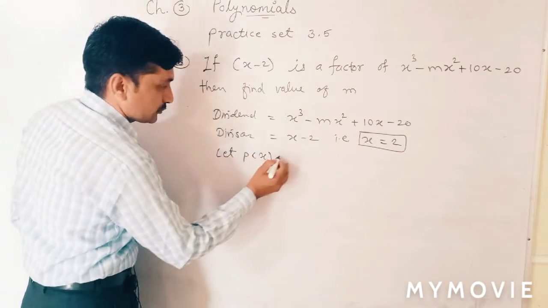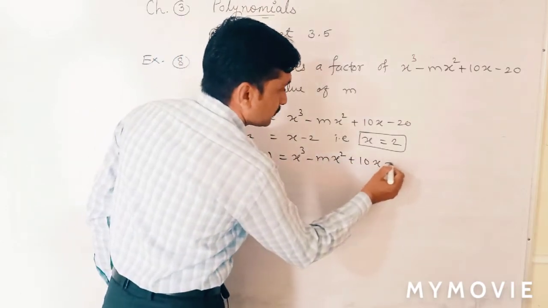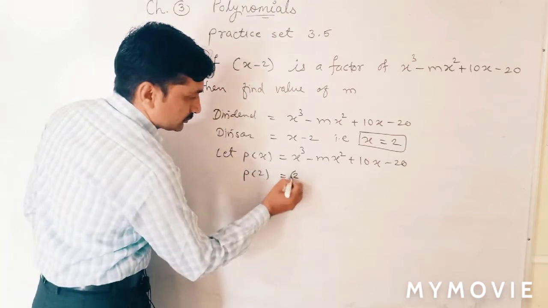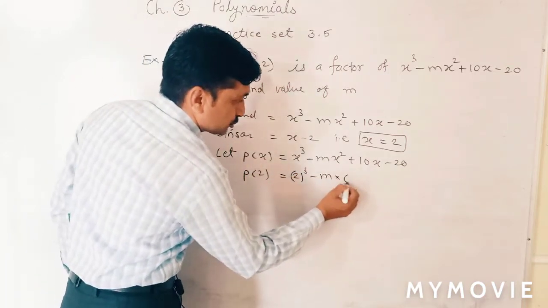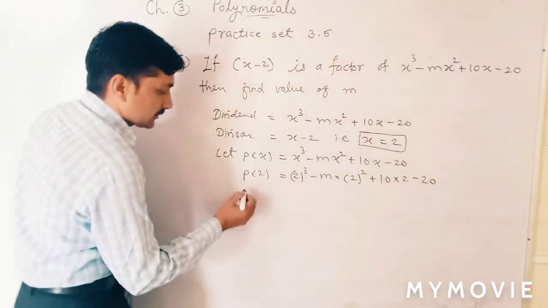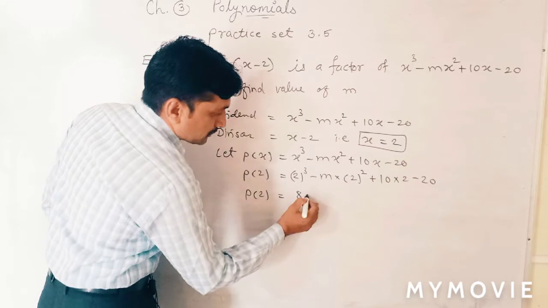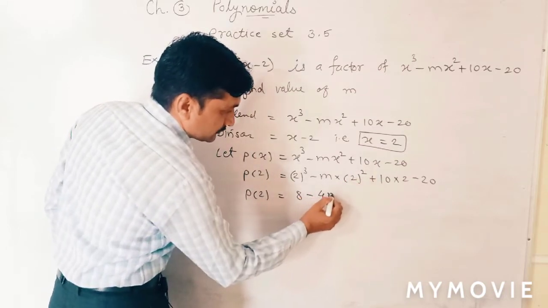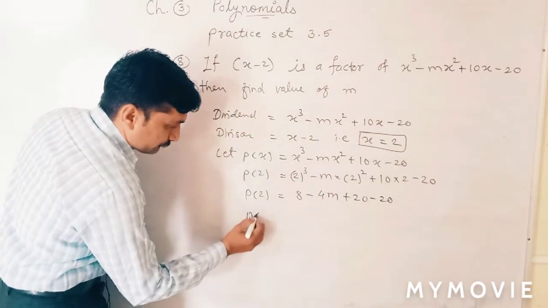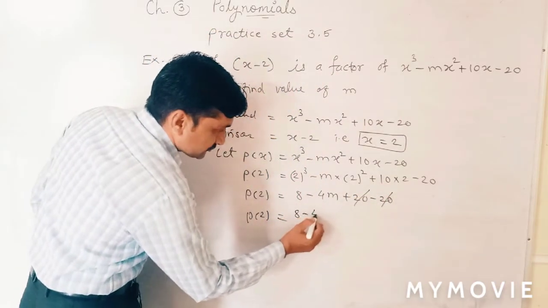Let p of x be x cube minus mx square plus 10x minus 20. Now put the value of x as 2: 2 cube minus m multiplied by 2 square plus 10 multiplied by 2 minus 20. P of 2 is 2 cube, 8, minus 4m plus 20 minus 20. Plus 20 minus 20 cancel, so p of 2 is 8 minus 4m.